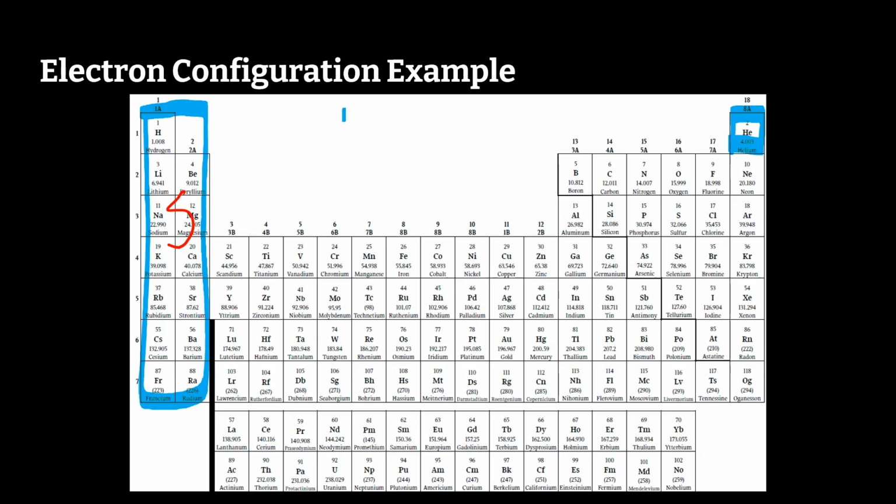After that, we're going to have the p block, and your p block is going to be this section in green. This is going to be the p block. And then in the middle, highlighted in yellow, this is going to be the d block.